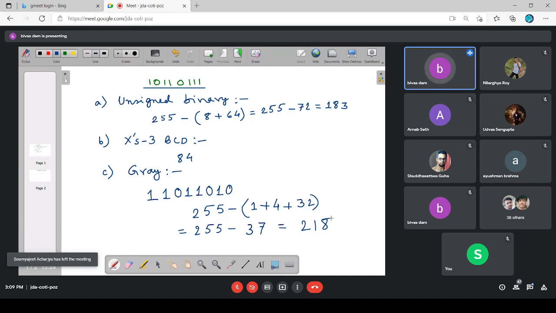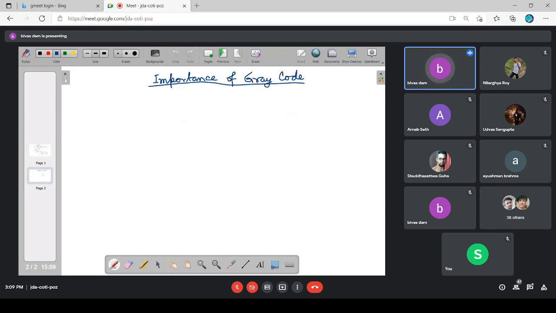Now, while starting the gray reflected binary code, I stated one thing: that in the instrumentation field, this code is highly important. Now, what is the importance of the gray code? In instrumentation, you work with lots of measurements.